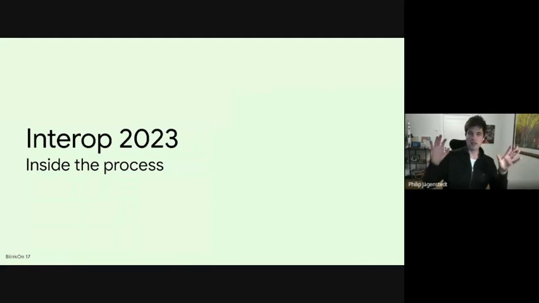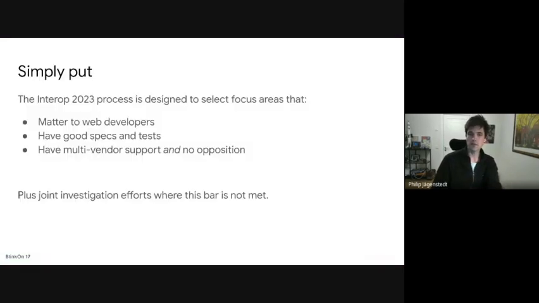All right, so let's look at the Interop 2023 process instead, where we are right now. So put simply, this whole process is designed to help us identify features that matter to web developers. That's the most important thing.